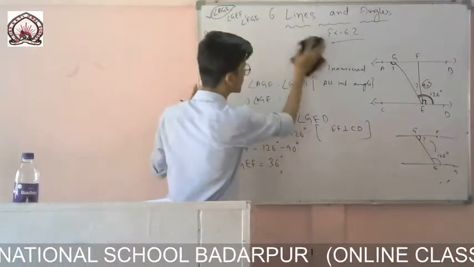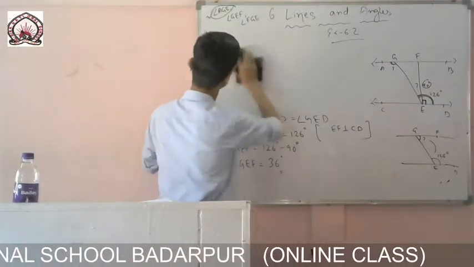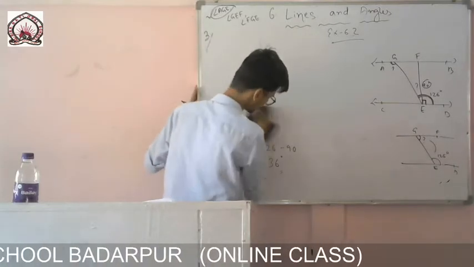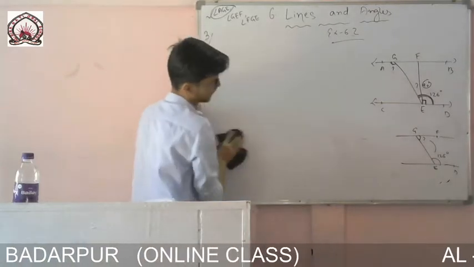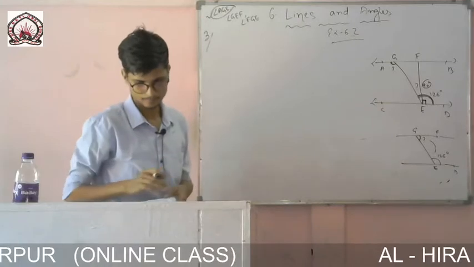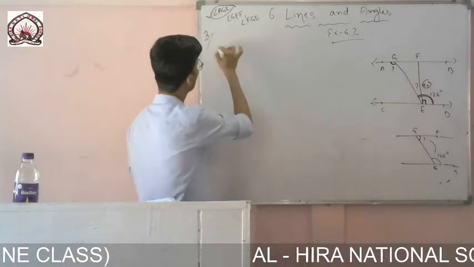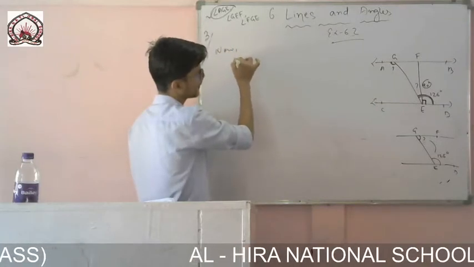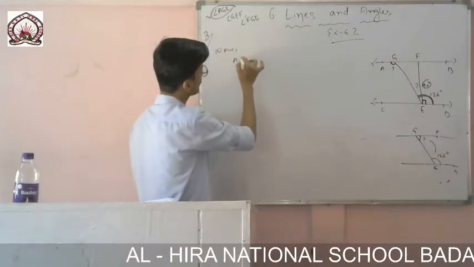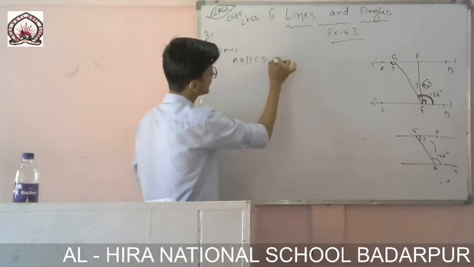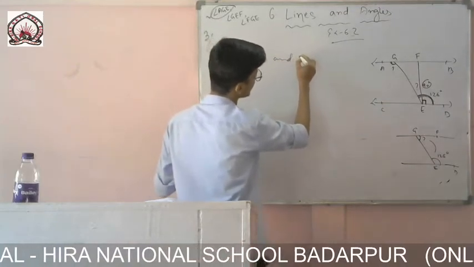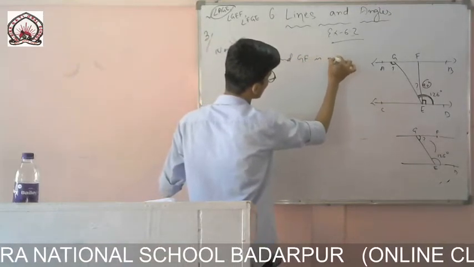so I am erasing this part. Now AB is parallel to CD and GE is a transversal.